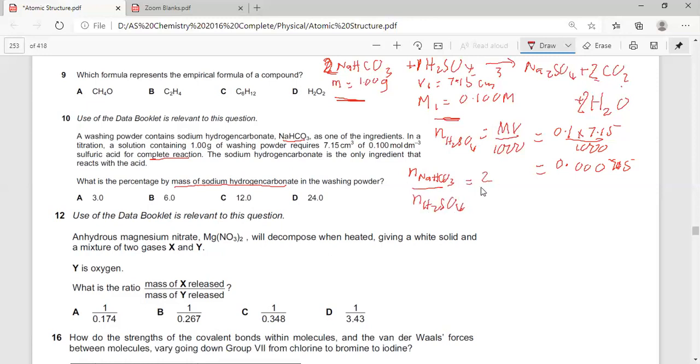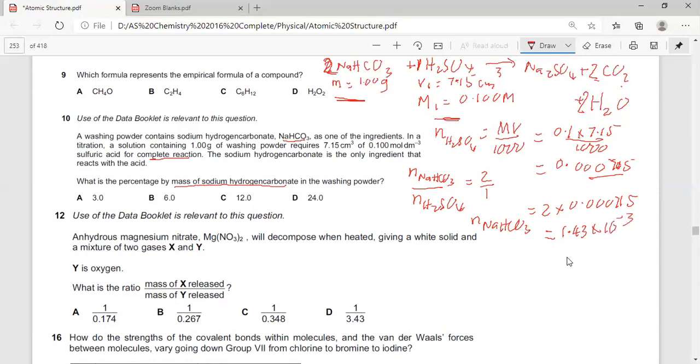It equals 2/1. So the number of moles of sodium hydrogen carbonate equals 2 times the number of moles of sulfuric acid, 0.00715, which equals 1.43 times 10 to the power minus 3.